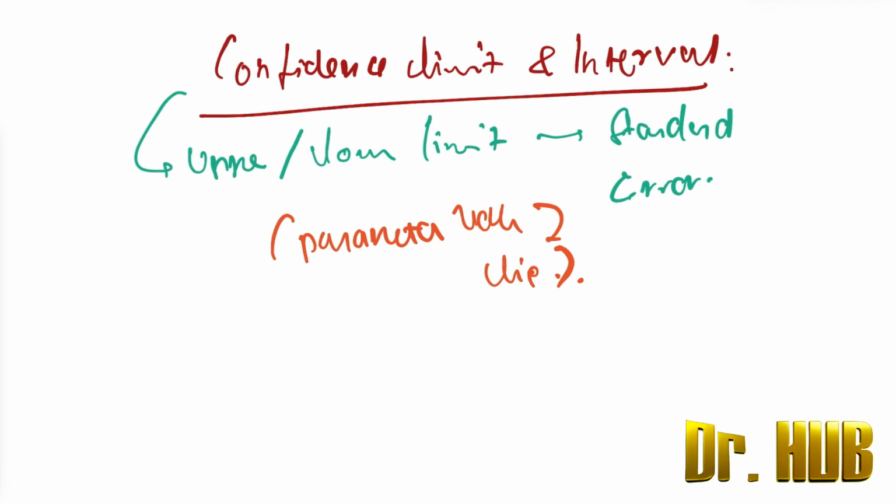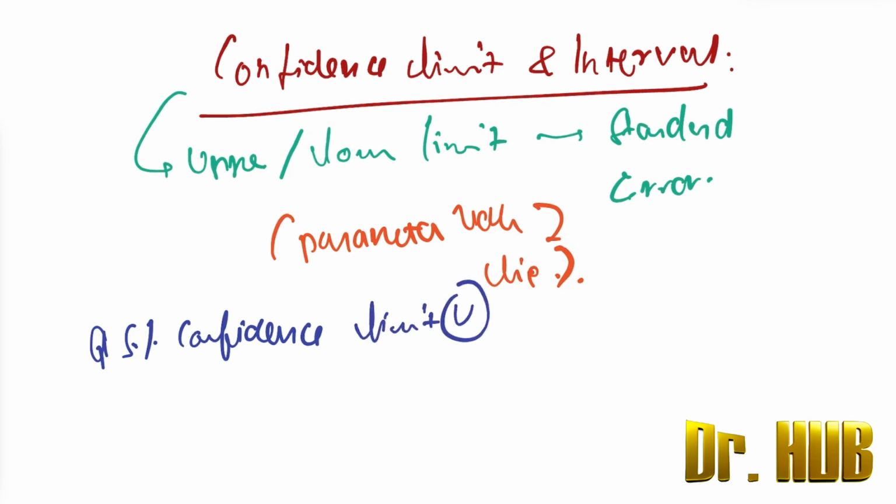Generally, 95% confidence limits are used, and they are approximately equal to the sample mean plus or minus 2 standard errors.